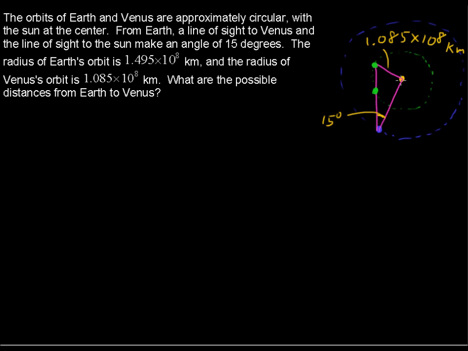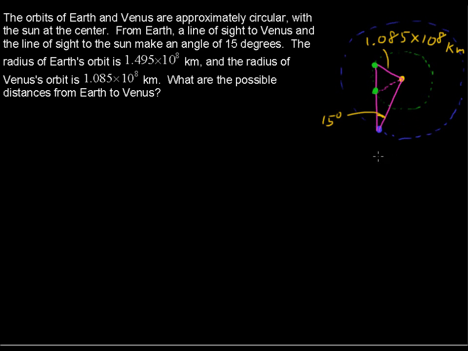This purple line. And yes, we will have a line right here as well, because like we said, Venus could be a little bit farther or a little bit closer. We'll talk about this closer situation in just a minute, but first let's talk about this farther distance.